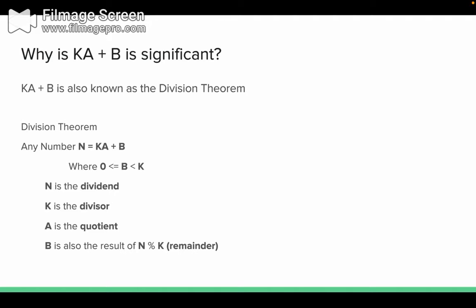The division theorem says any number n equals ka plus b, where b is greater than or equal to 0 but less than k. In this case, n is the dividend, k is known as the divisor, a is known as the quotient, b is the result of n modulus k, and b is also known as the remainder.